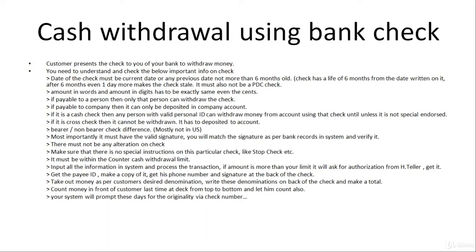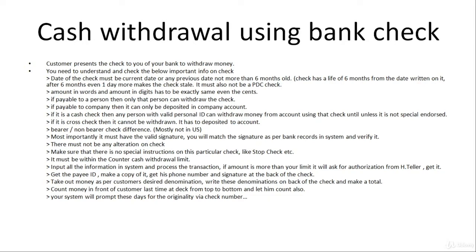Second, you check the date on the check. As I have explained in my previous slide, a check has a validity of 6 months. From the date written on the top of the check, the check has a life of 6 months.